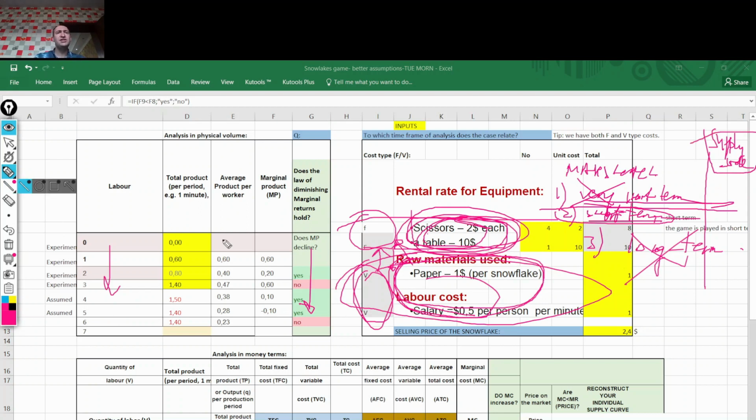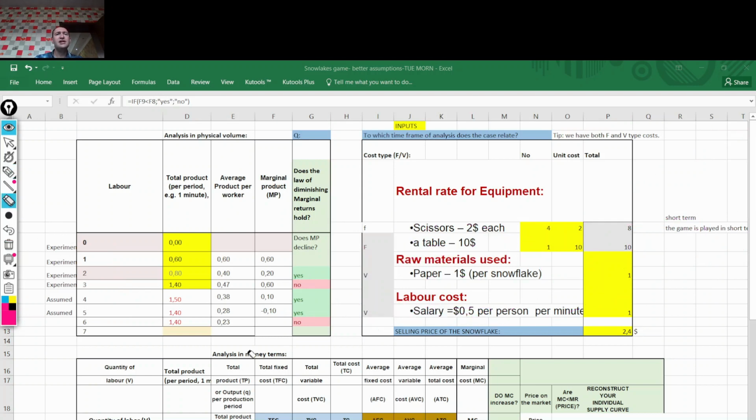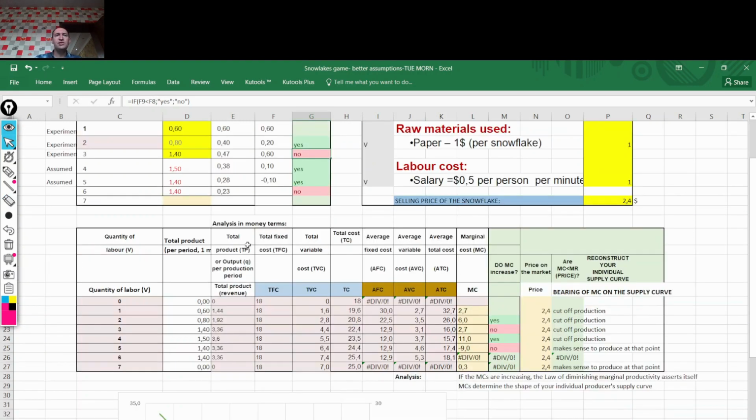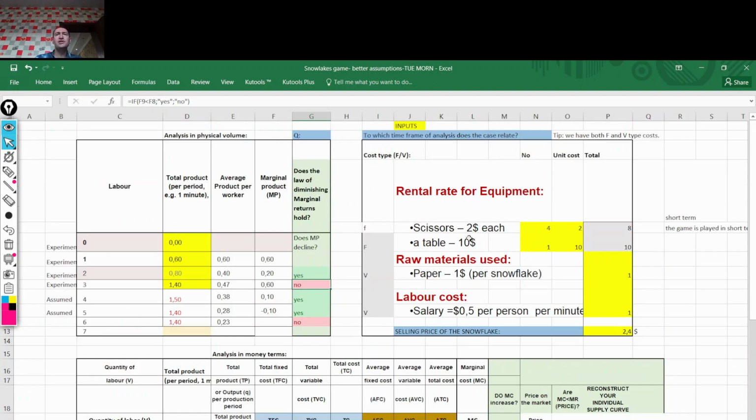Then what we did, we established that the marginal product declines, more or less roughly, or more or less smoothly, with exceptions, right? Then we decided to analyze the product of the game in terms of the costs, right? How much did it cost us to produce the snowflakes using these inputs? The fixed costs, the rent for equipment for fixed factors of production, that was like $4.